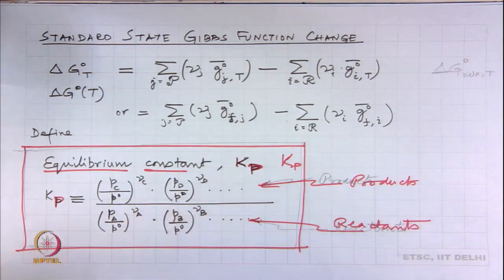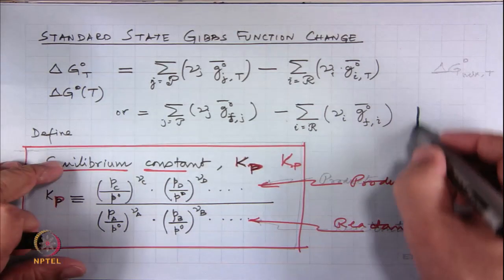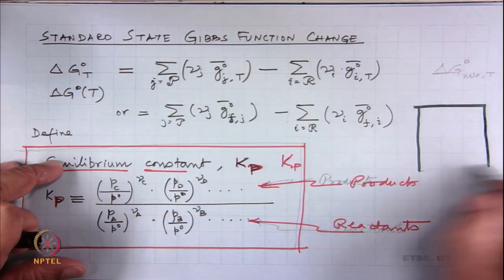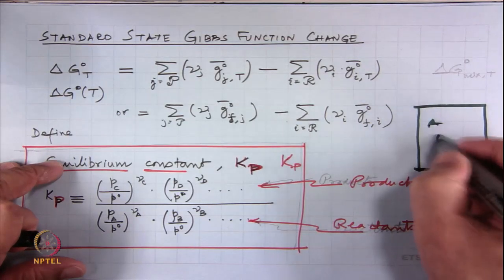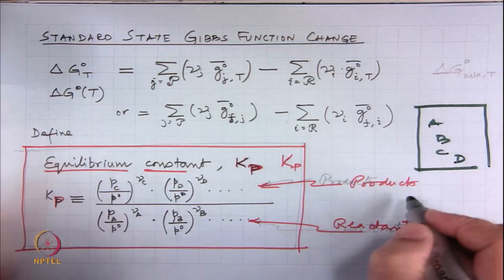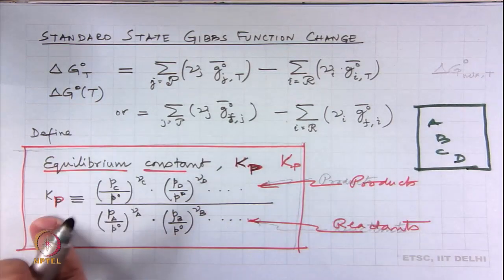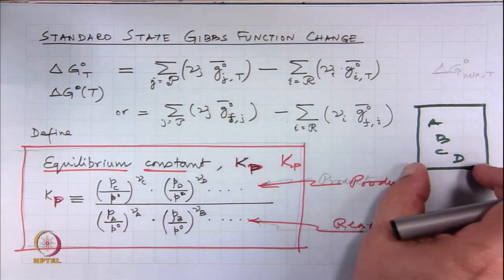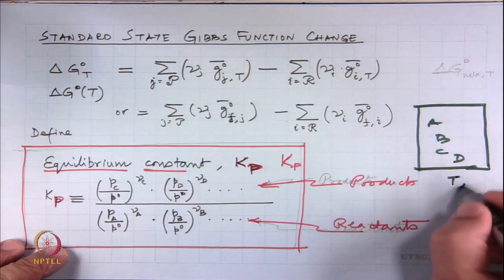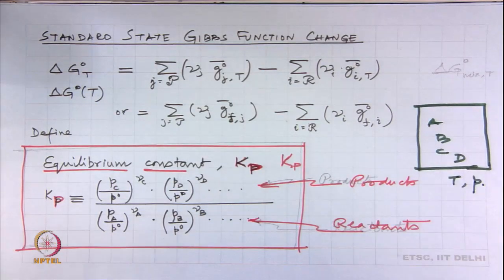And this is for a mixture where all these species are present together. So, if I have a mixture like this, in which I have some A, some B, some C and some D, then this tells you what the equilibrium constant is for this particular system, which is at a temperature T and pressure P.